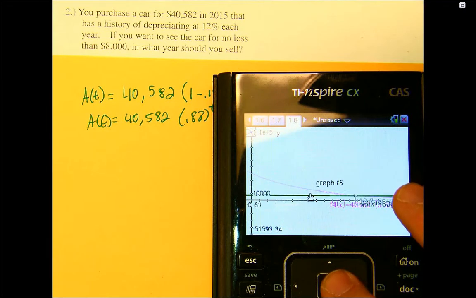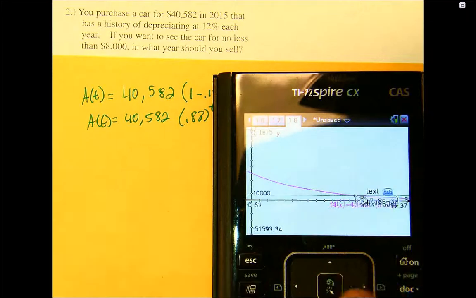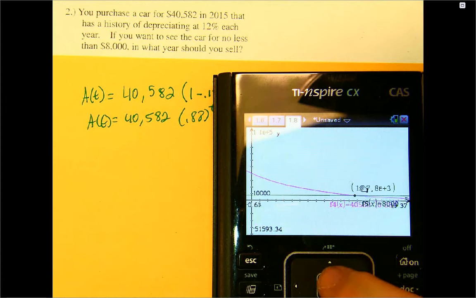I'm dealing with that graph. And it gave me a point here where all I have to do is grab it and move it up here. This x value is what I want, 12.7. So it equals 12.7. That's going to work.